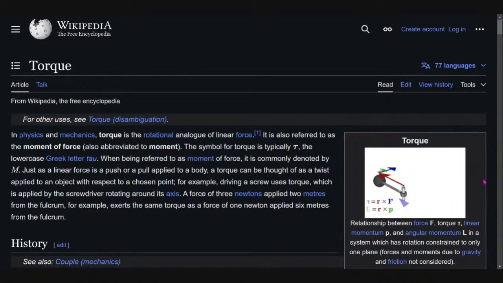Oh, this is good. So this is torque. The red is just the radius. The blue is the force. The green is the angular momentum. Angular momentum is just linear momentum times the radius. Torque is just the linear force times the radius.